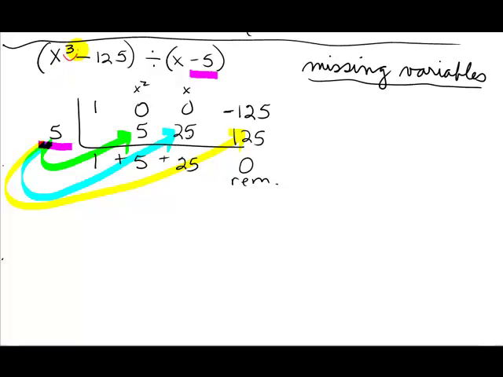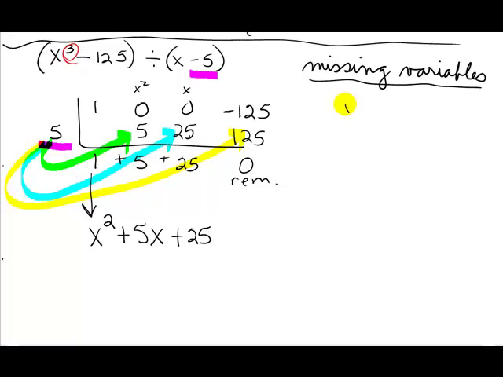This started with x cubed, so that means my answer will start with x squared. So here this is going to be x squared, then the next thing in line is x. So this is 5x, and then our number.